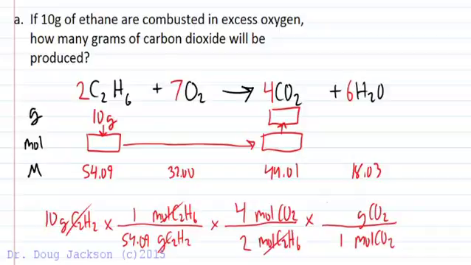We have the molar mass, so we say 44.01, and we divide and multiply out, and we get a theoretical yield of 16.3. If rounded to 2 significant figures, we would say just 16 grams of CO2.